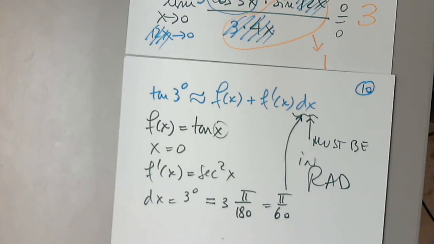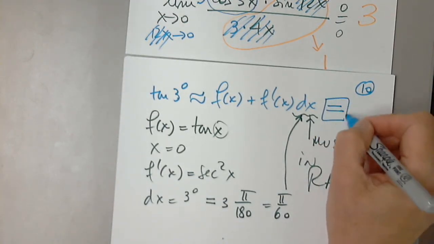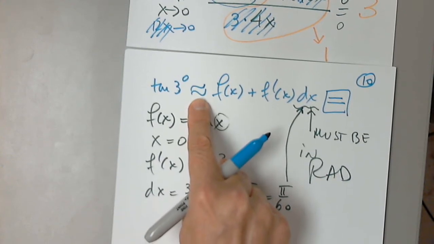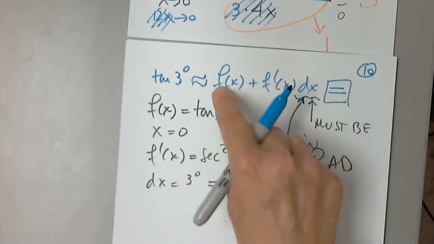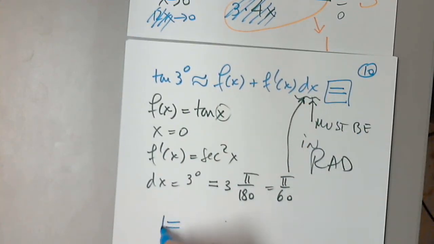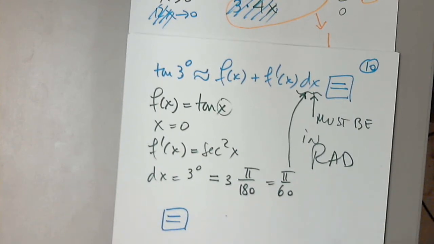The answer will always be the same. But if it's outside, you cannot use degrees. So let's put everything together. Now I can write the equal symbol. This is not okay to write the equal symbol here. But from here, I can write the equal symbol and continue.